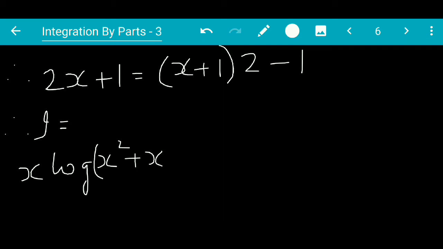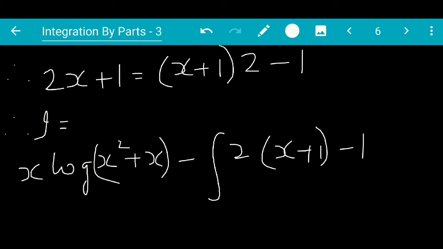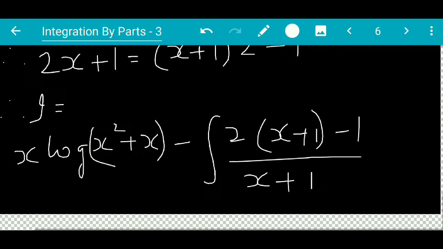This term remains as it is, minus the integral of, now this term, that is 2x plus 1 upon x plus 1, becomes this way. 2x plus 1 we write like this, that is 2 into x plus 1 minus 1, the whole upon x plus 1. We adjust it this way.